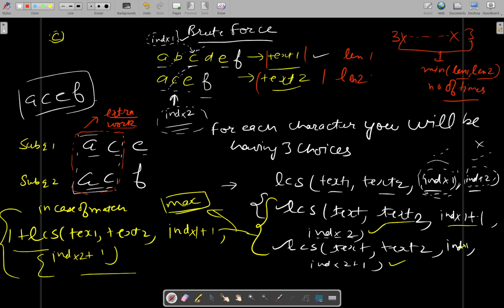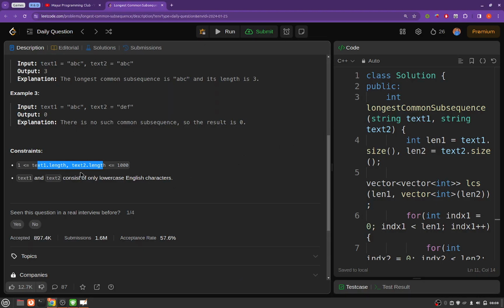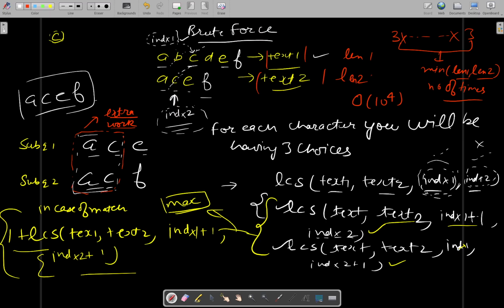Okay, so what was the order of len1 and len2? It was 10 raised to power 4. Okay, 10 raised to power 3. Okay, this was the order of their lengths. Let's say len1 is the minimum one.